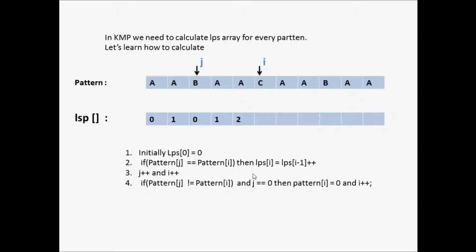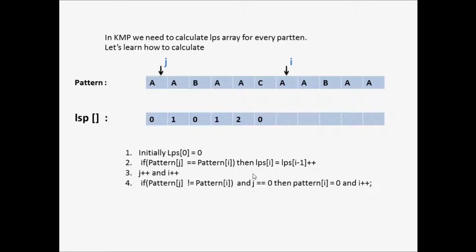Now again C is not equal to B, pattern of j is not equal to pattern of i. So we take the previous index of LPS, that is 0, and j moves to the 0th index. Now pattern of j is not equal to pattern of i, and j is already at the 0th position, so we do i plus plus.